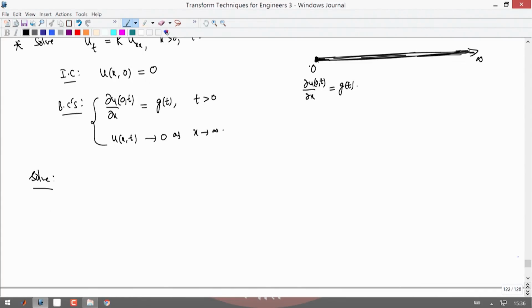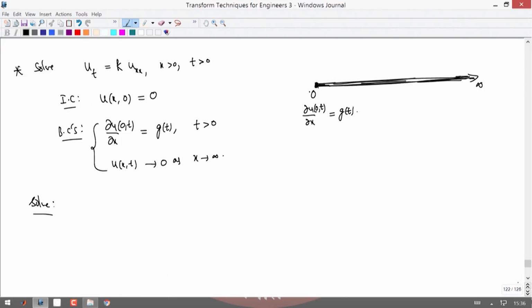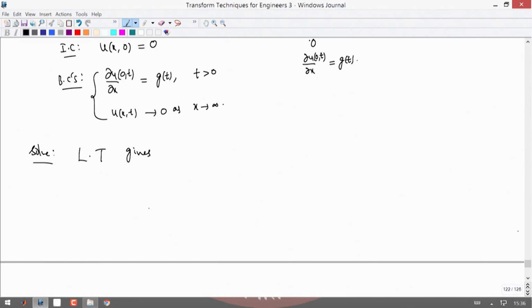So how do we solve this? Everything else is the same except the boundary condition. When you apply the Laplace transform, you get the same ODE, which I write directly as dou square u bar by dou x square minus s by k u bar equal to 0 for x positive.